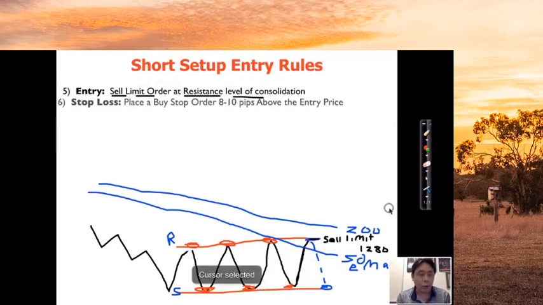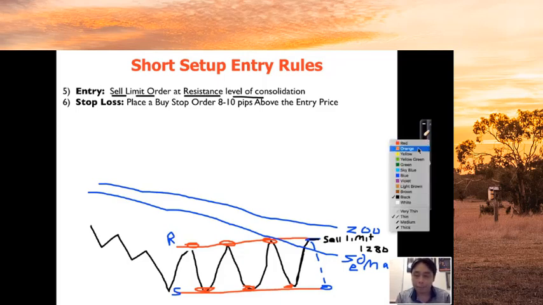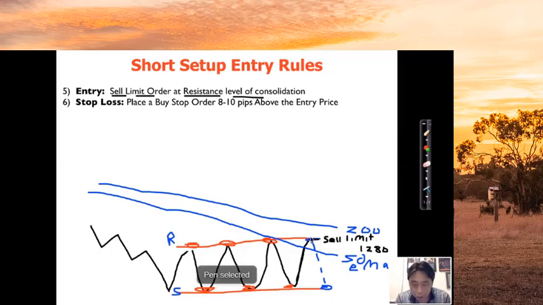Next, we place our stop loss, and our stop loss would be 8 to 10 pips above the entry price. It'll be a buy stop order. If you're using the MT4 charting platform, just put in your stop loss and it will automatically be a buy stop order. So roughly, our stop loss will be here.